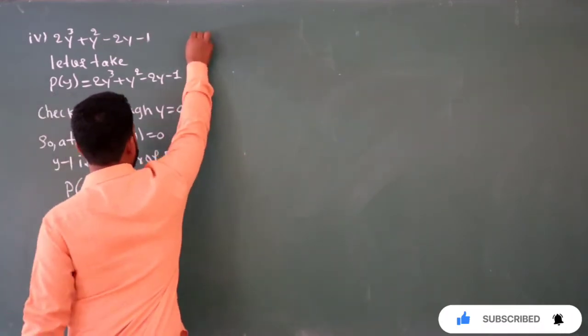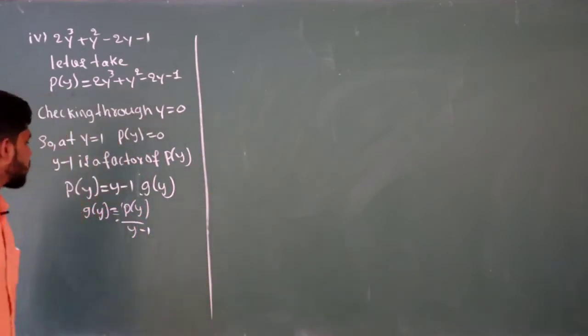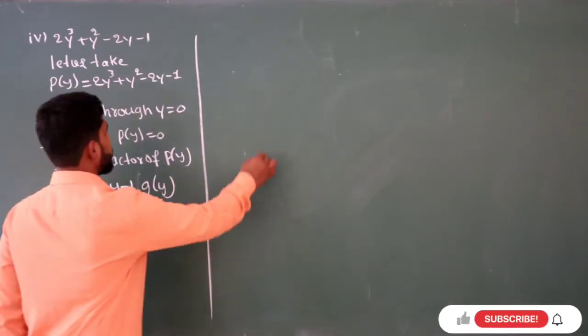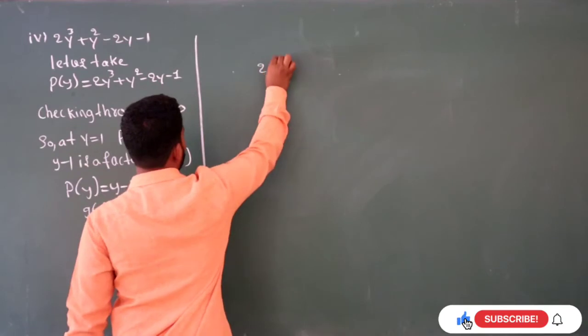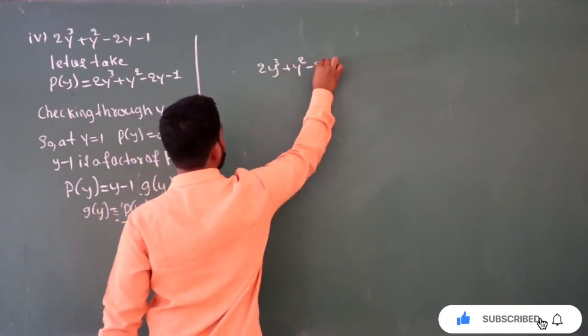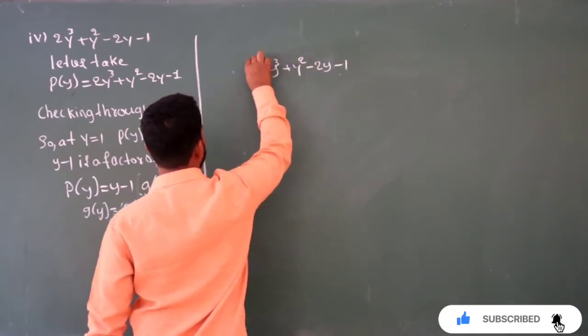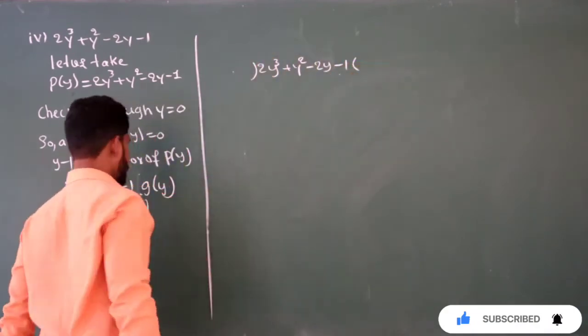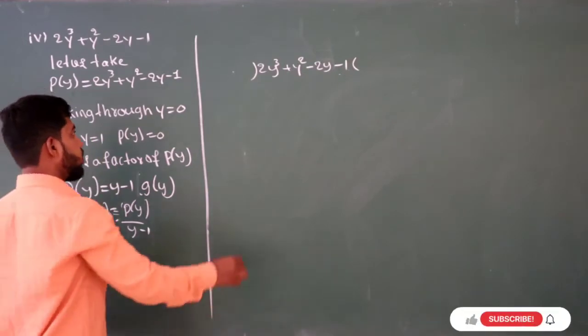Now what is the p of y? 2y cube plus y square minus 2y minus 1. Now y minus 1 in the divisor side.